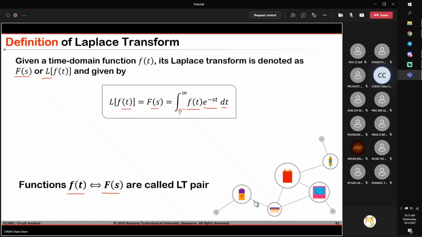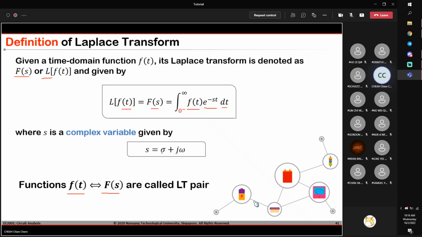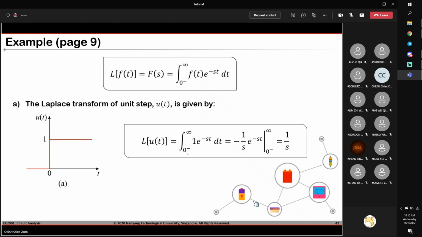So Laplace starts from 0, only for the positive axis, right? Remember that. And this s is actually a complex variable which consists of a real part and an imaginary part. So the Laplace domain is also a complex plane.